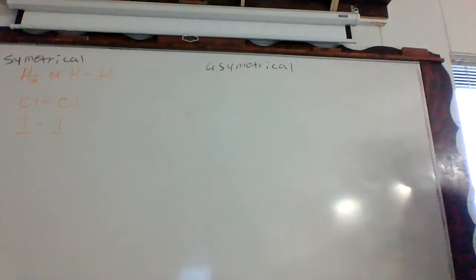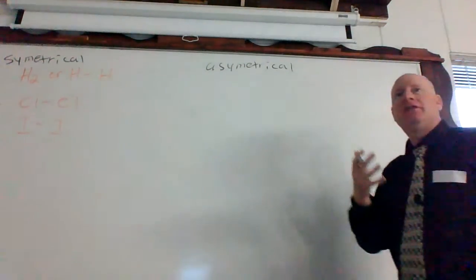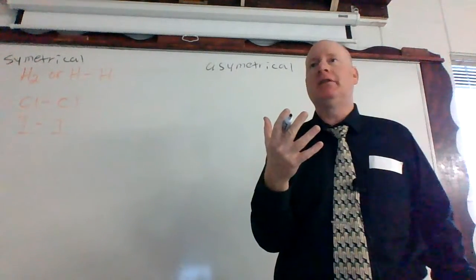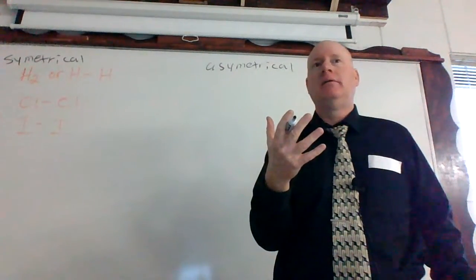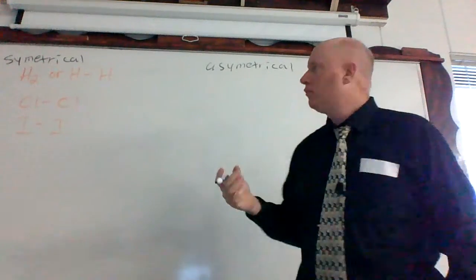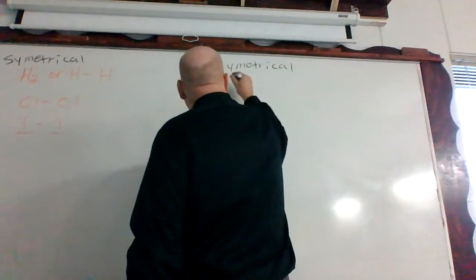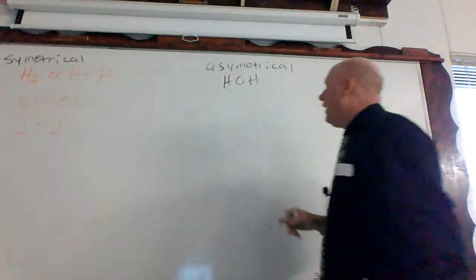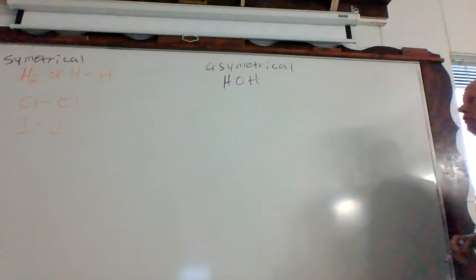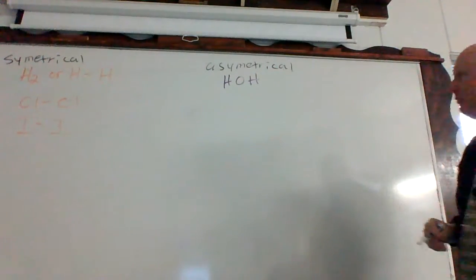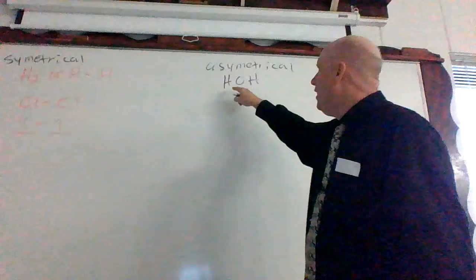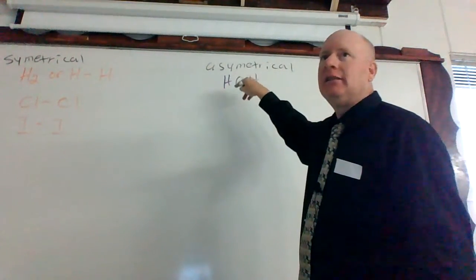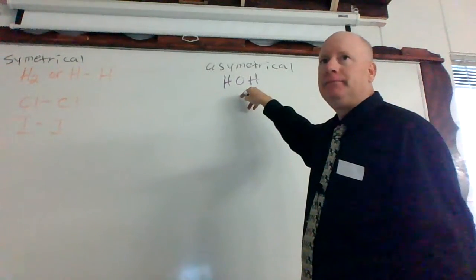We mentioned what they were today about 5 to 10 minutes ago. Water is one of them. Now, it looks like it is the symmetrical type, but using your physical science or general chemistry skills, how would we determine that this is the asymmetrical type, not symmetrical?